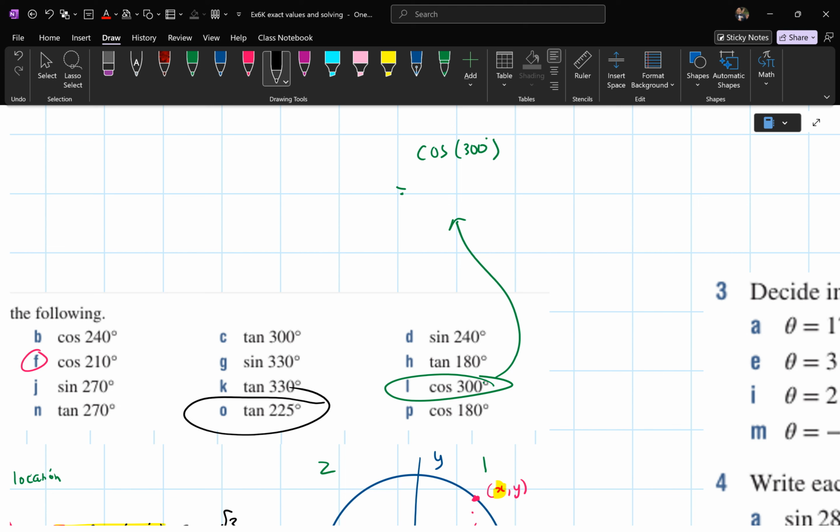So which quadrant are we in? Quadrant 4, cos is positive, so the answer should be positive. And what's the reference angle? 60. Very good. And now you just got to figure out what cos of 60 is.